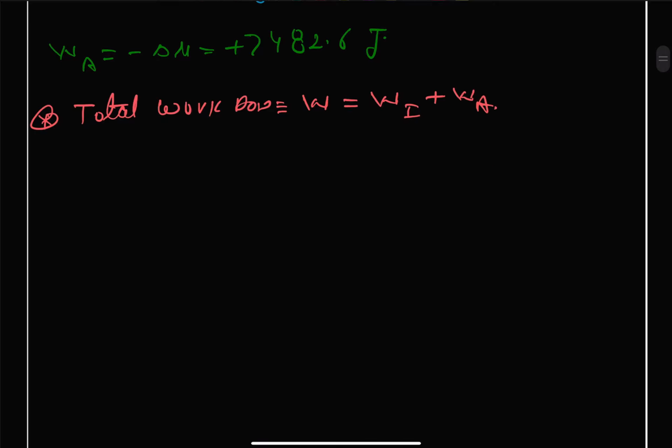We substitute the values, where W is equal to 4988.4 plus 7482.6. This is approximately equal to 12471 joules. So these were the three sub-questions for the first main question.